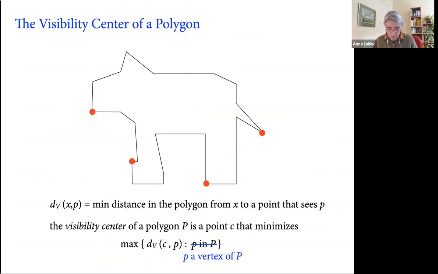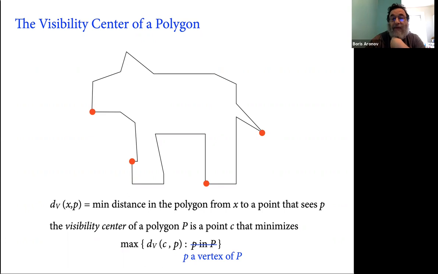So now if we think about where is the visibility center of this particular polygon. May I ask a question just to clarify? Yeah. In the original statement, you want to be able to eventually reach a point that sees an arbitrary point in the polygon, right?